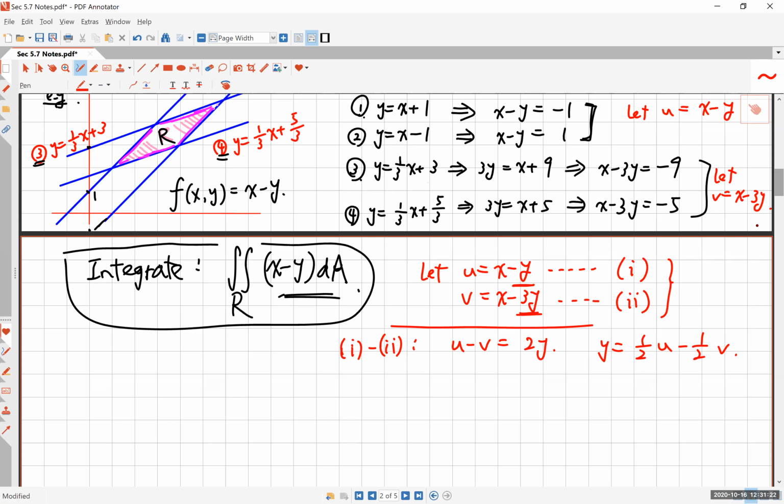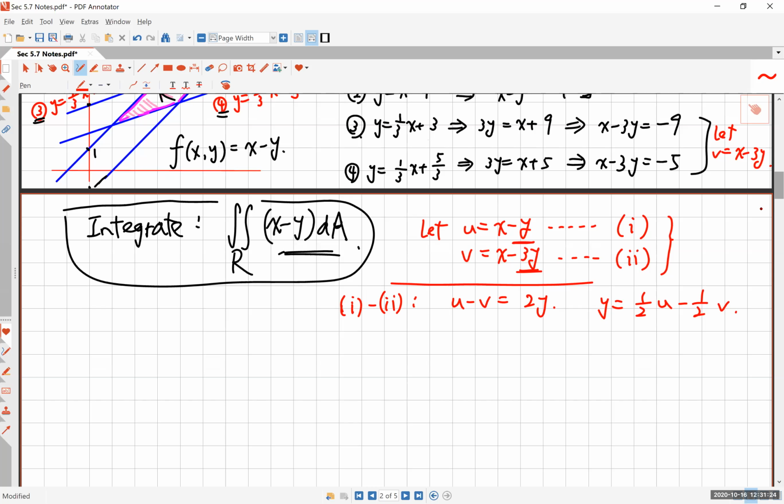All right. So how about finding x? I think what I can do is multiply equation 1 by -3. I'm focusing on this thing and this thing again. If I multiply equation 1 by -3, I think that would help. So -3u is equal to -3x plus 3y. Okay, that is -3 times equation 1. And then equation 2, I'm just going to rewrite that. v is equal to x minus 3y.